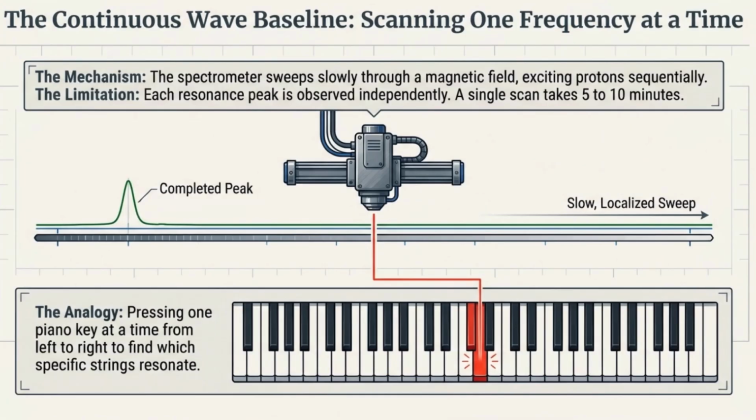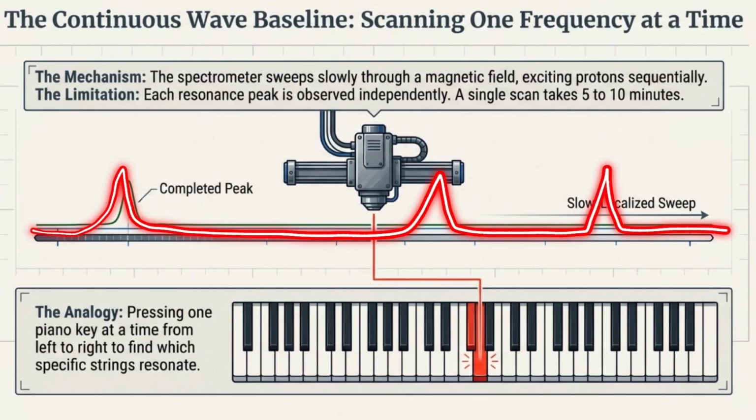This sweeping mechanism is just like playing the piano keys one at a time, and each piano key is connected to a particular string. As we move from left to right, one key is pressed at a time. Similarly, the instrument scans, and at one time only one type of proton gives its peak.